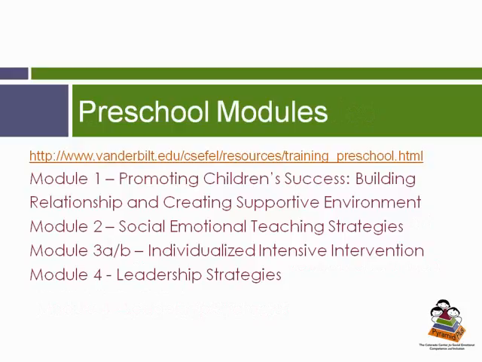So we're looking at 4 different modules, and it's training on the whole pyramid, so from the bottom to the top. So promoting children's success by building positive relationships and supportive environments, teaching social skill strategies, intensive intervention, and leadership strategies.